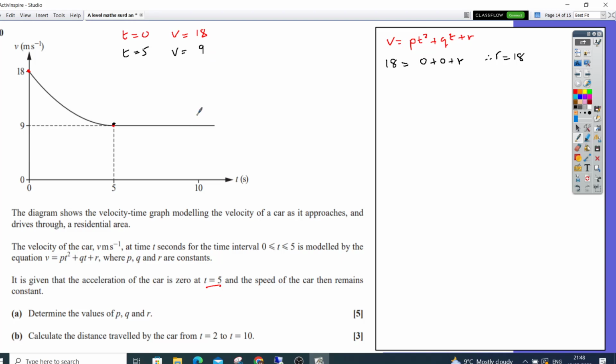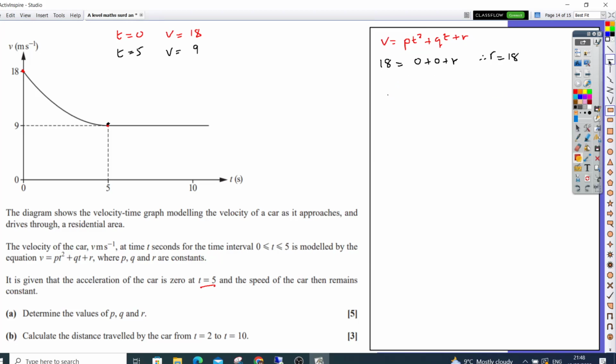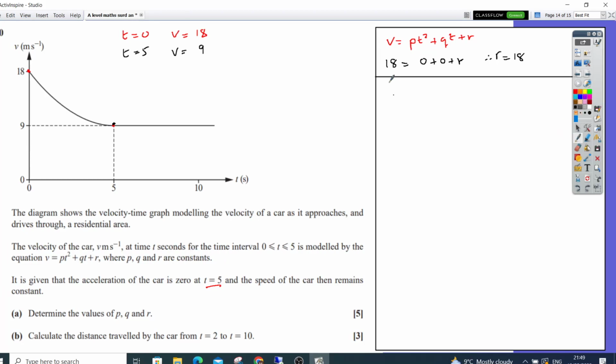So going back to this equation, the important equation here, the velocity is 9 when t is 5.